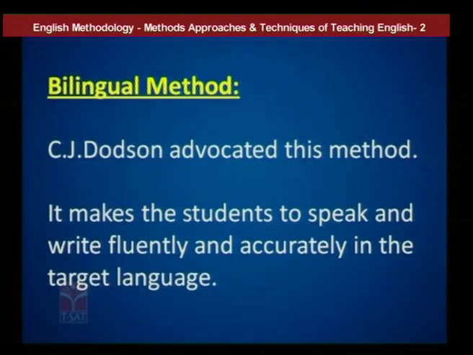As in the direct method also it is focusing on the target language, coming to the bilingual method also it is focusing on the student speaking and writing fluently as well as accurately in the target language. The practice begins with learning words and is later followed by the imitation of sentences.